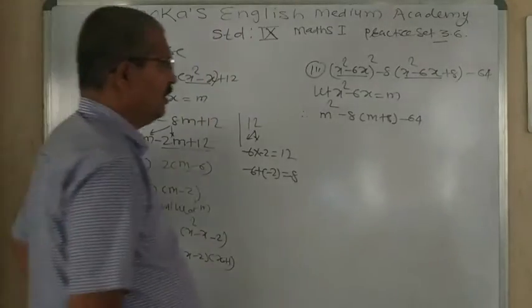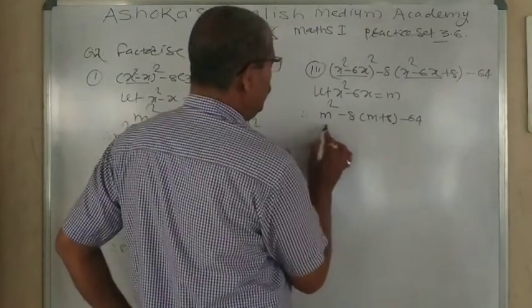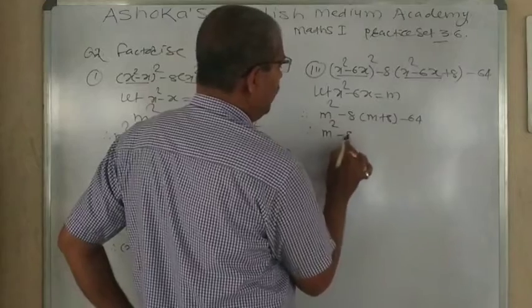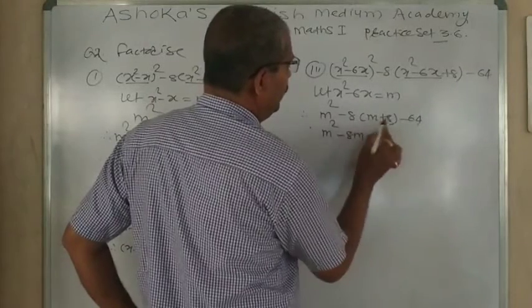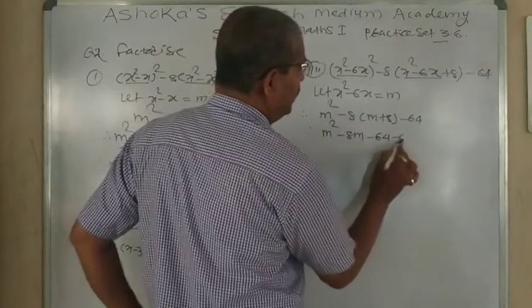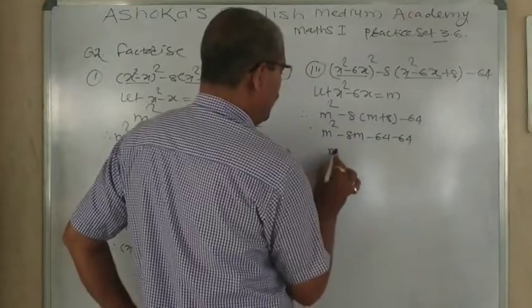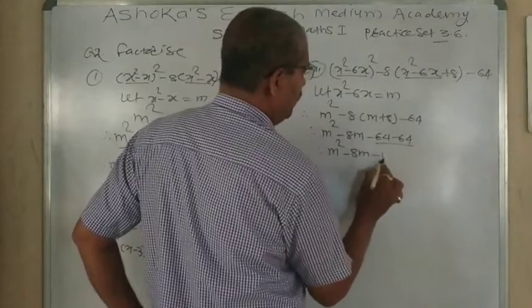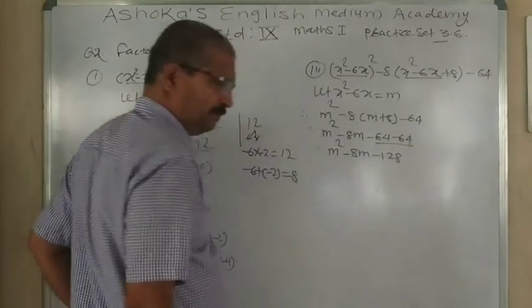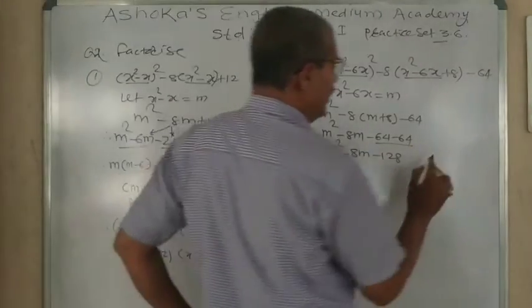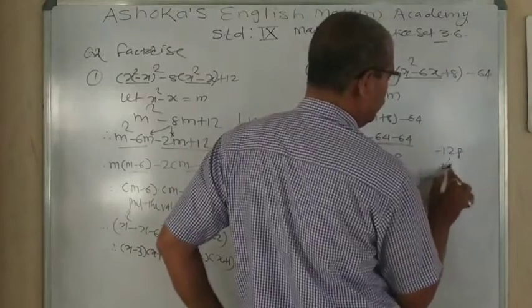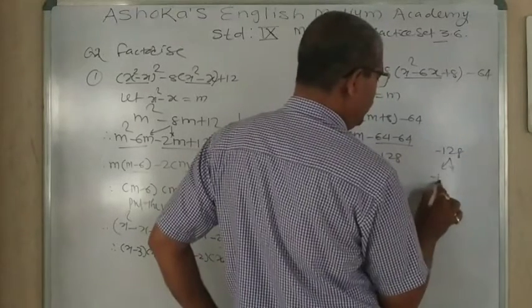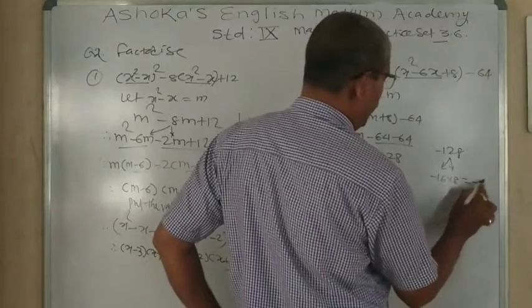Now do the multiplication. m square minus 8m, 8 into 8 minus 64, minus 64. m square minus 8m, and do the addition. Minus 128. Now minus 128, minus 16 into 8, that is minus 8.